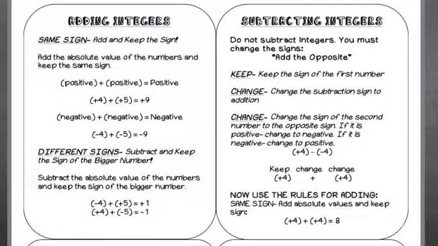It says, if your numbers have the same sign, you add and keep the sign. That's easy. You guys have messed with that your whole lives. What's 6 plus 3? You add, which is 9, and you keep the same sign.